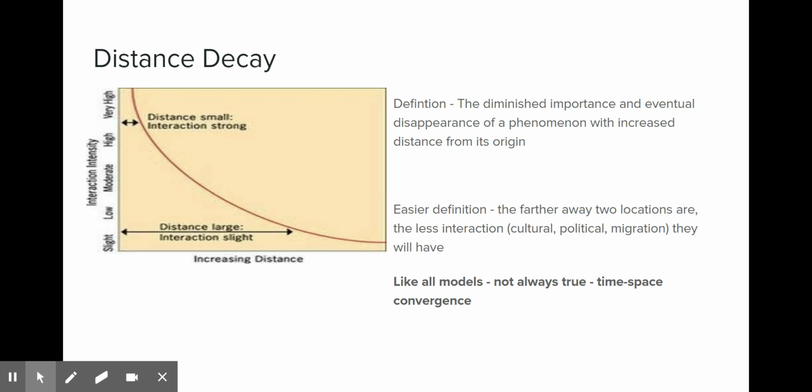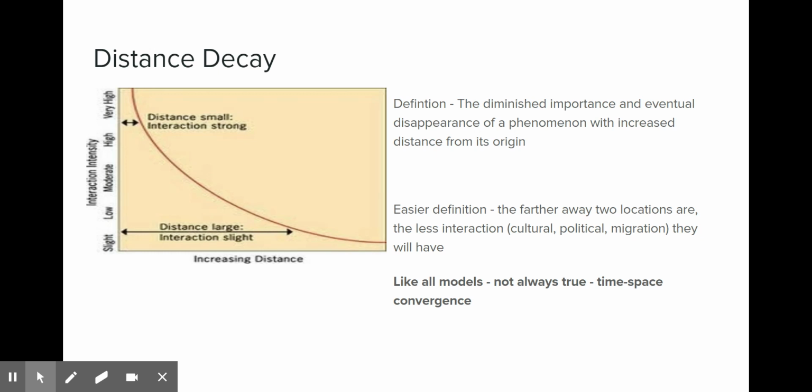Okay. The next slide is distance decay. So this goes with the last two types of distance that we talked about in the last slide. And this is really the first model that we talk about in this class. Whenever we talk about a model, they're always in some ways theoretical, and you'll be able to find plenty of ways in which they apply, but plenty of ways in which they don't apply in the real world.